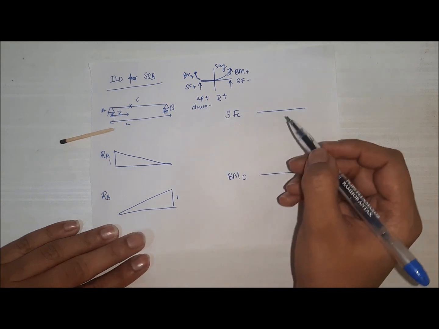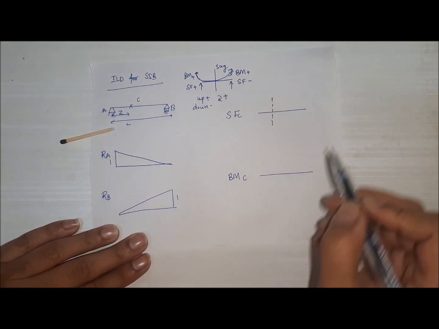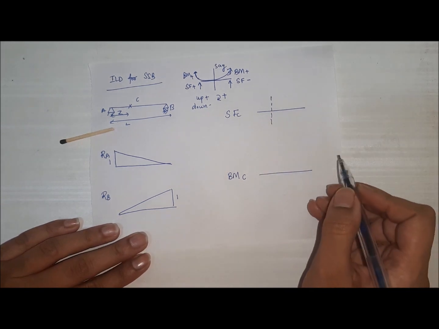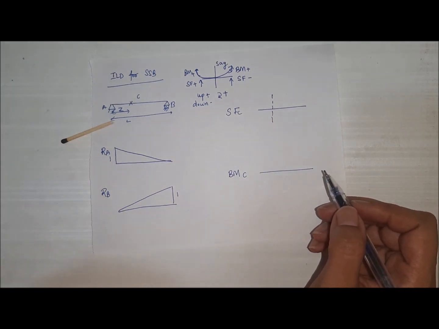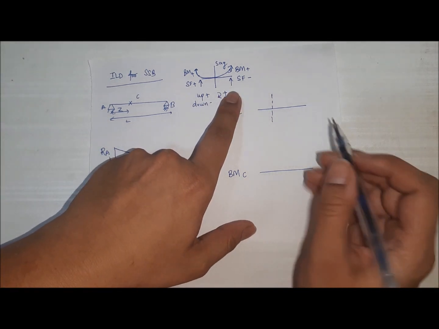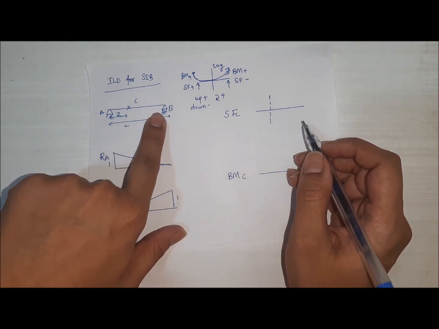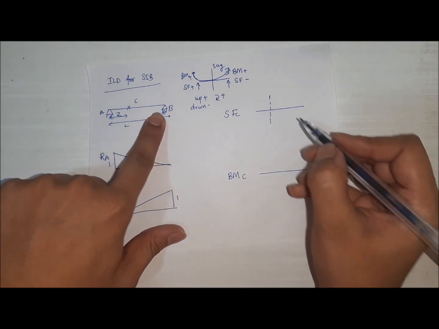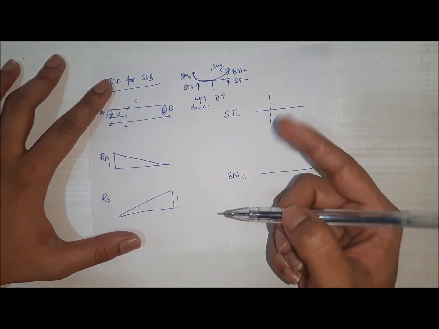Now for plotting the shear force at the section C, what we are basically doing is that we are tearing apart the beam at the point C. Now, as we have seen the sign convention, RB is acting in the upward direction in the right portion of section C. So we have to negate the ILD for RB for plotting the shear force.